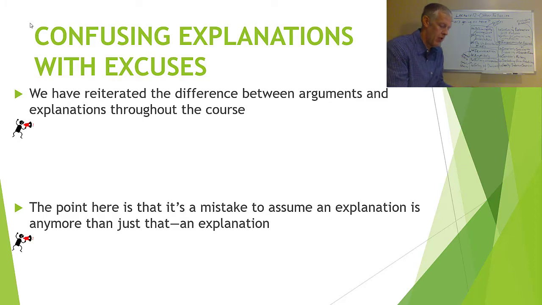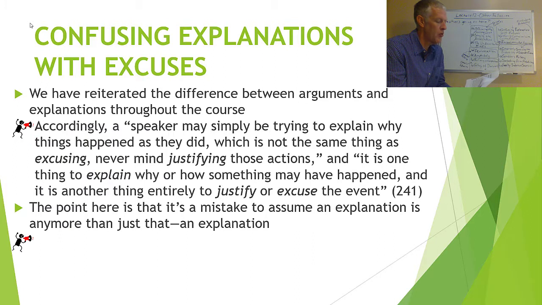Quoting page 241, accordingly, quote, a speaker may simply be trying to explain why things happened as they did, which is not the same thing as excusing, never mind justifying, those actions, end quote. And quote, it is one thing to explain why or how something may have happened, and it is another thing entirely to justify or excuse the event, end quote. Again, that's from page 241.